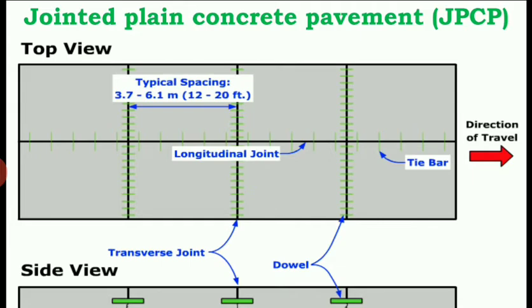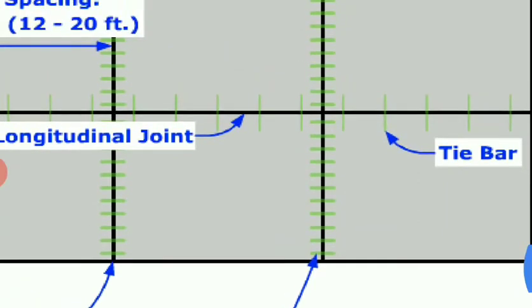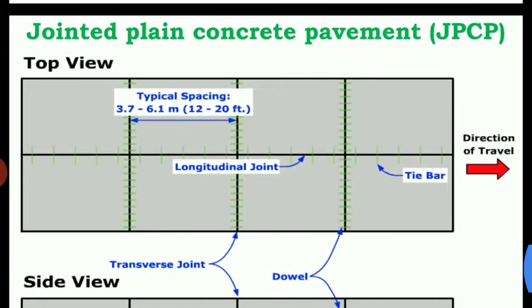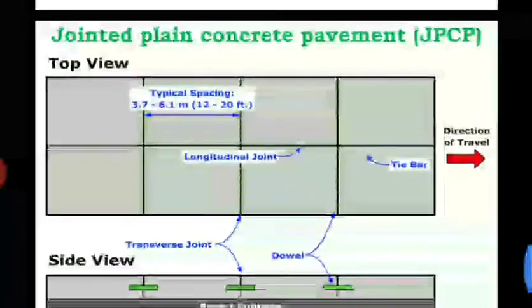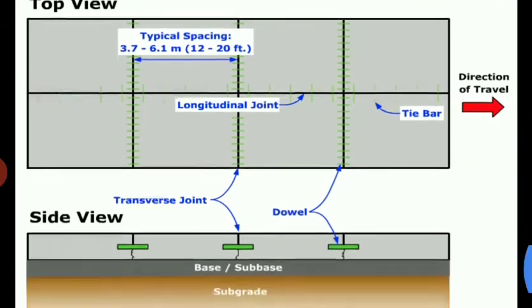And here again you can see the dowels, so that whatever stresses get developed in this particular section are handled. Here you can see this marked one, this is a dowel joint. The load applied on this transverse joint is going to be transferred to the dowel, and then that entire dowel is going to transfer the entire load to the bottom layer. Like that, they have provided certain joints in the reinforcement sections.